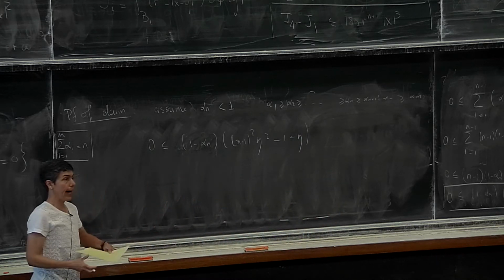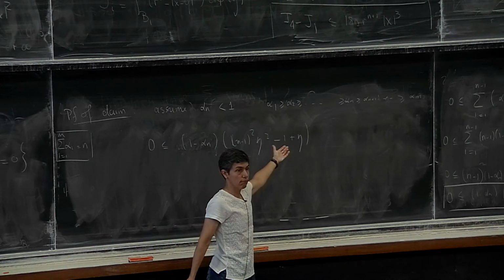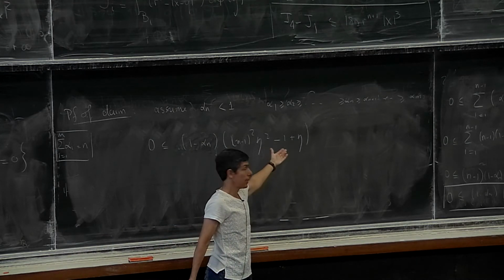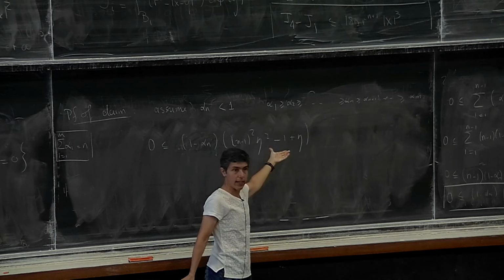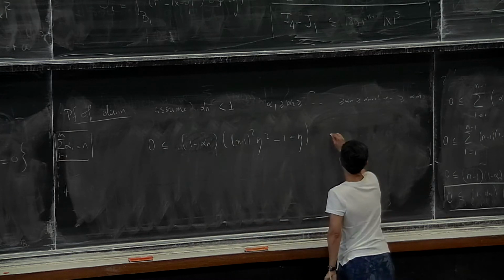So what do we have? We have that 0 is bigger than this for eta small. Well, this is negative because eta is very small, I have a minus 1. So this is a contradiction.